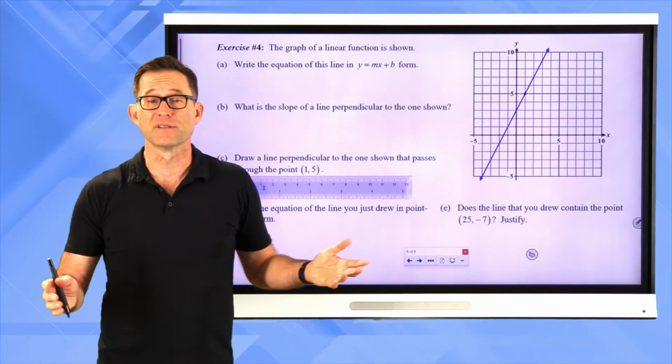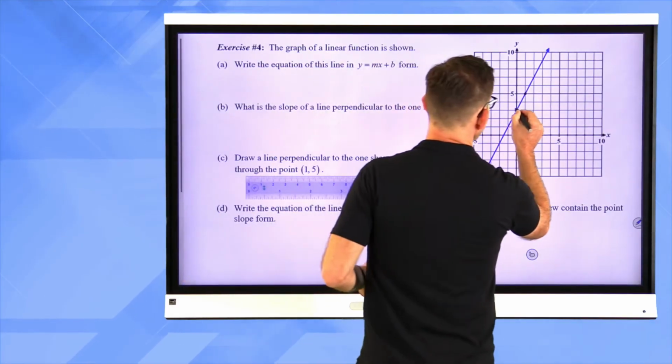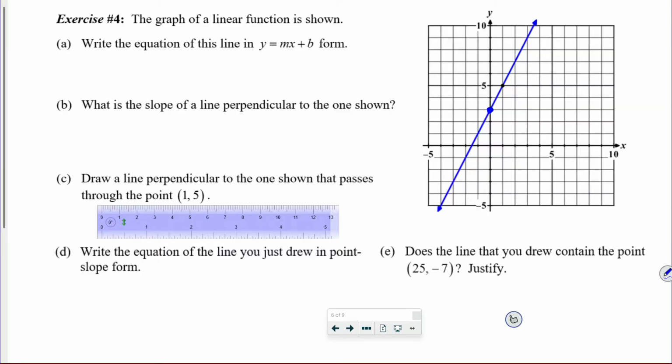Well, figuring out b is pretty easy, right? Because that is simply the y-intercept. So that's simple enough. You know, b is equal to 3. A little bit more challenging for the slope, but as long as we take a look at points on this, we can see that our slope, which is the change in y over the change in x, is 2 units of rise in y per 1 unit of run in x.